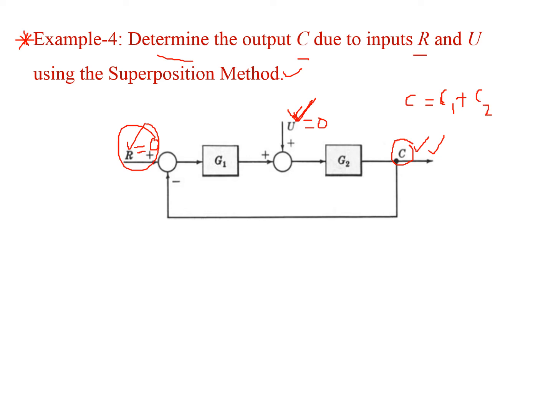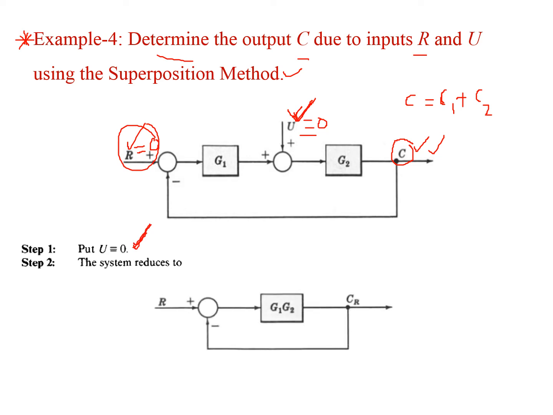Coming to the solution. Okay, in the first case we are going to make the input U(s) equal to 0. That is, put U(s) = 0. Then the system is reduced, because by making U(s) equal to 0, this entire thing becomes 0.